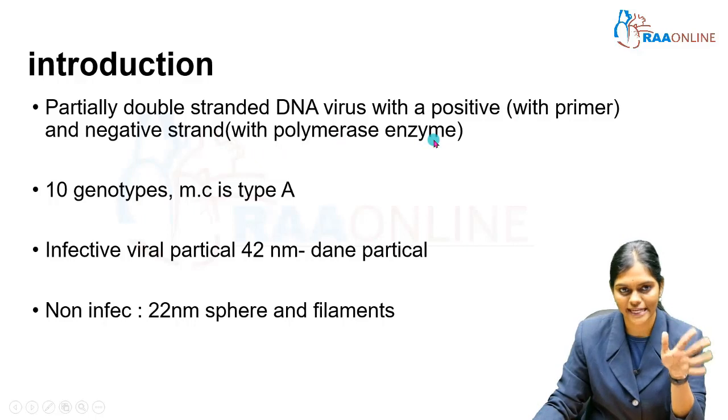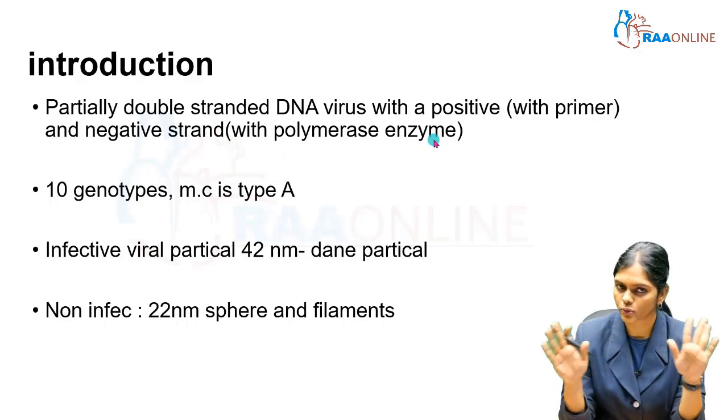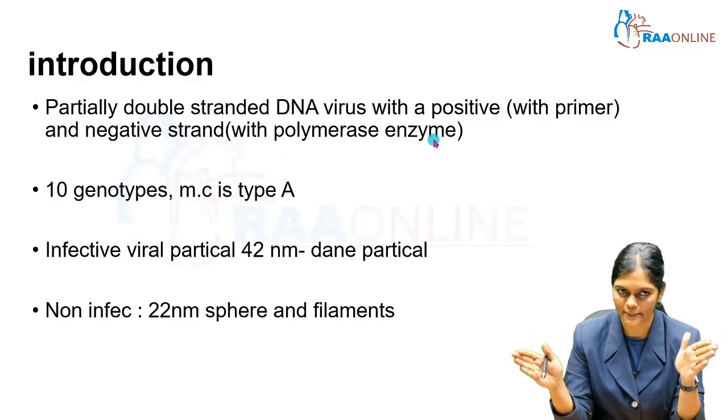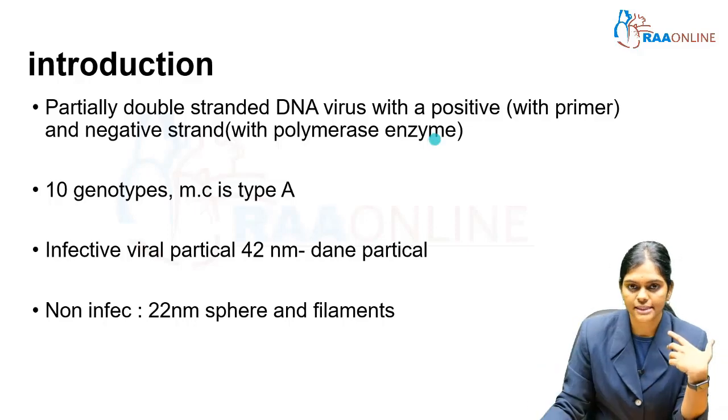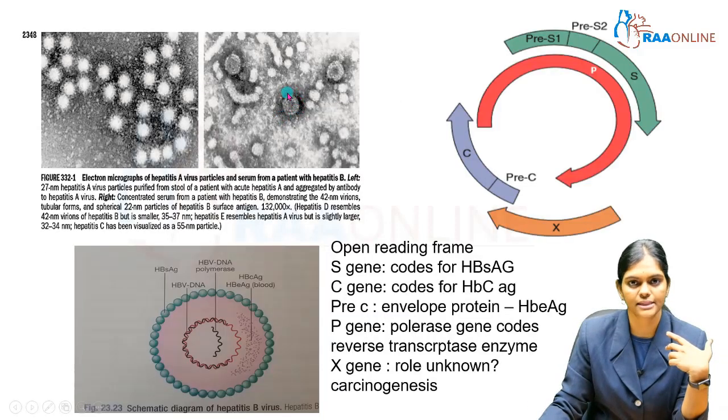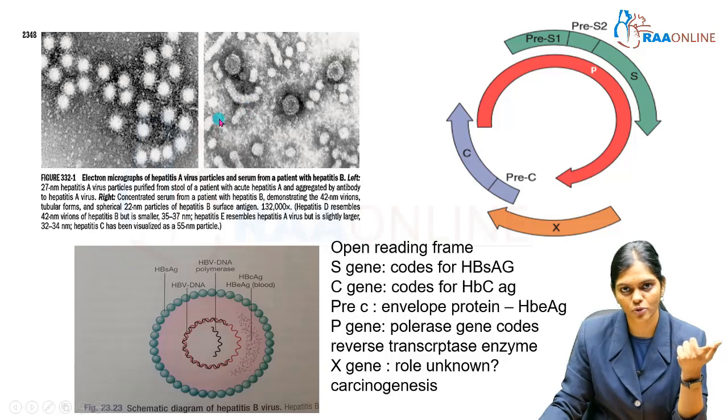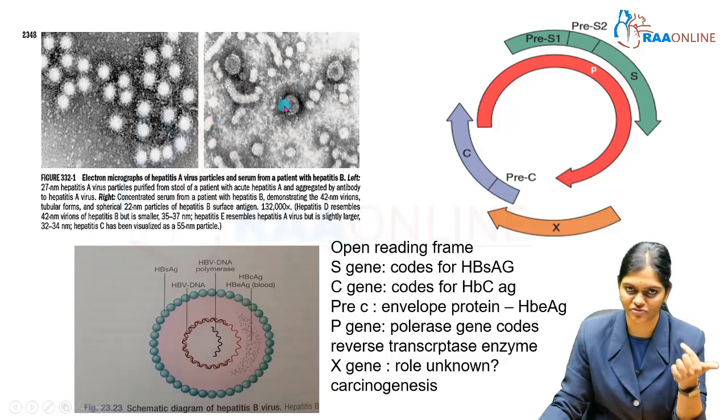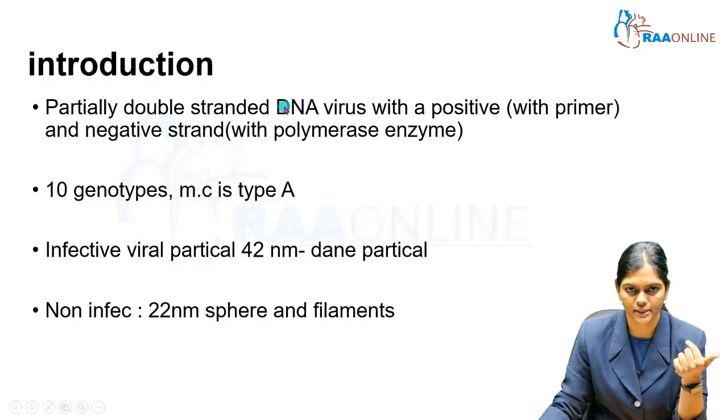Okay. So there are 10 genotypes of it. We need not know the names. The most common one is type A. Okay. And let's see. This is a Dane particle. This Dane particle is 42 nanometers and these small filaments and spherical structures are 22 nanometers. The 22 nanometer particles are non-infective, whereas the 42 nanometer particles are the infective ones. I hope it is clear. So the infective viral particle is 42 nanometer, which is a Dane particle.